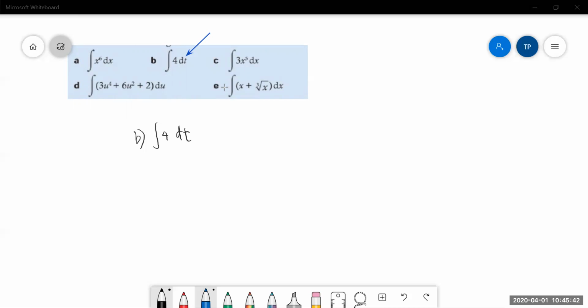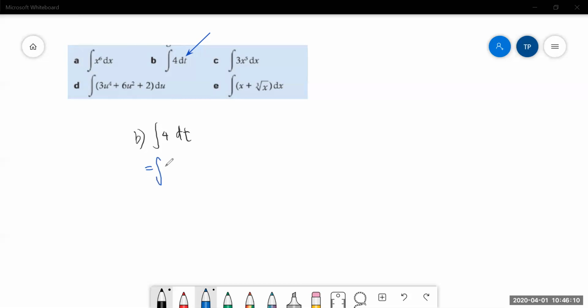But then if you integrate 4, 4t. Integrate 4 dt. So where's the t? Is there a t there? No. You can't see it, right?